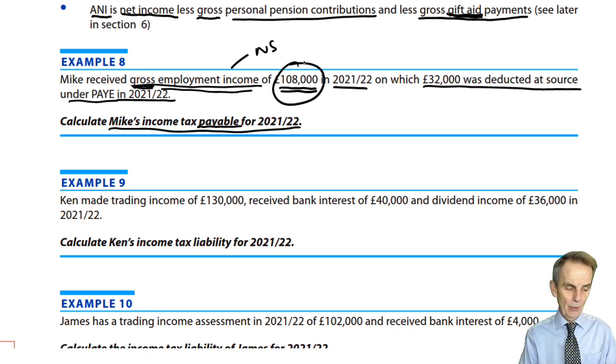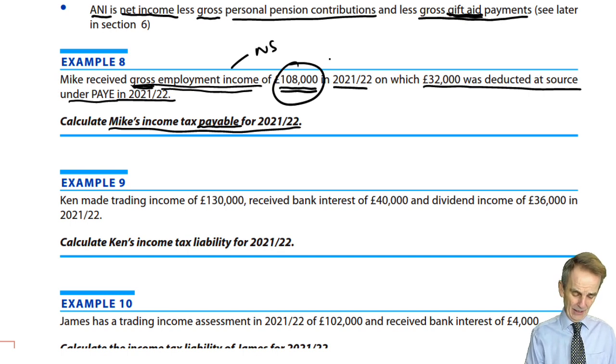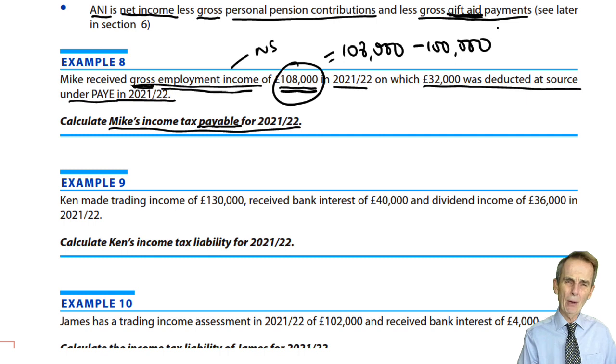There's no personal pension contributions, there's no gift aid payments made during the tax year. So net income equals adjusted net income. So what is it? It's, as you see, 108,000. That exceeds 100,000. It's fairly obvious by how much, and you will use that in your calculation of the reduced personal allowance.